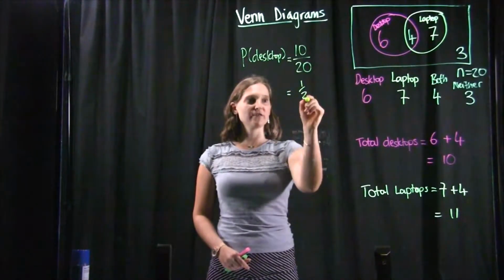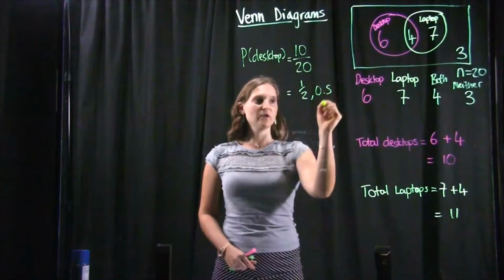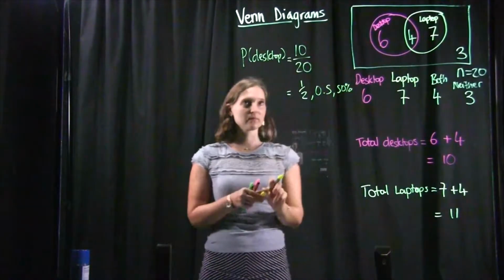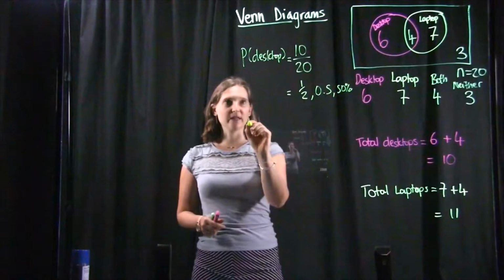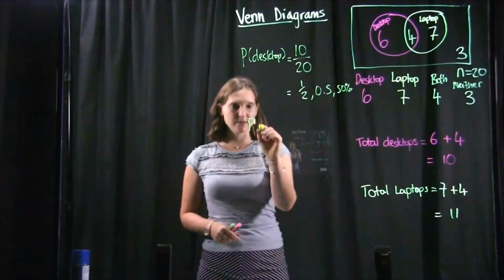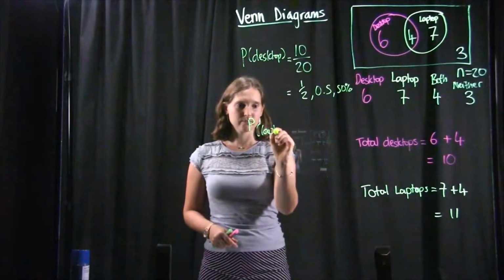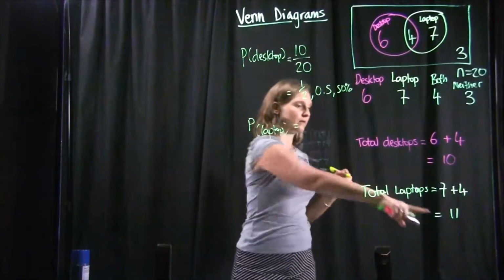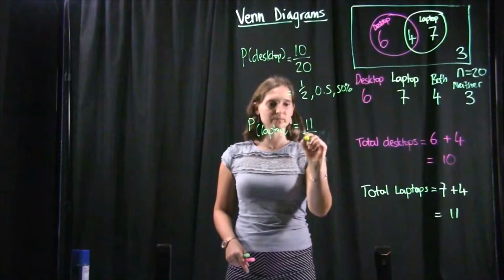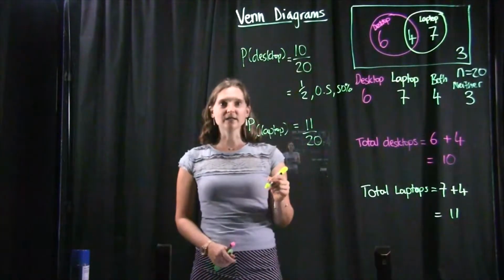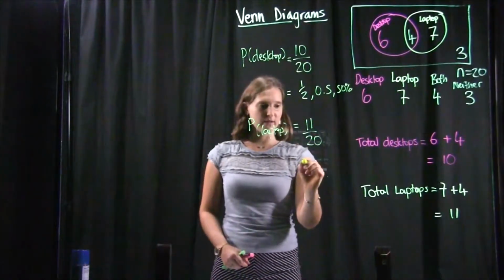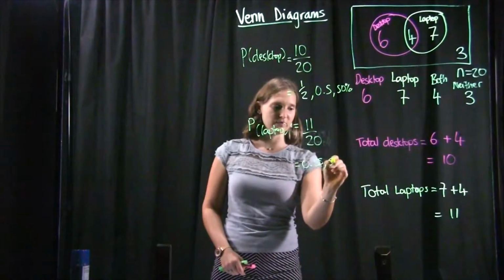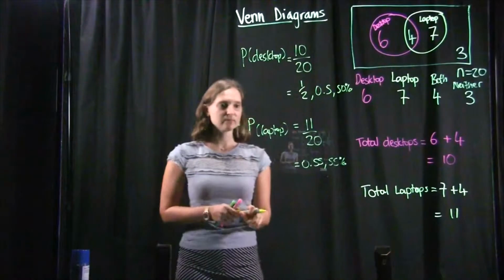So we've got a half, or 0.5, or 50%. Now we can look at the probability of having a laptop. So here we've got 11 people. We can't simplify that down anymore, but that is 0.55 or 55%.